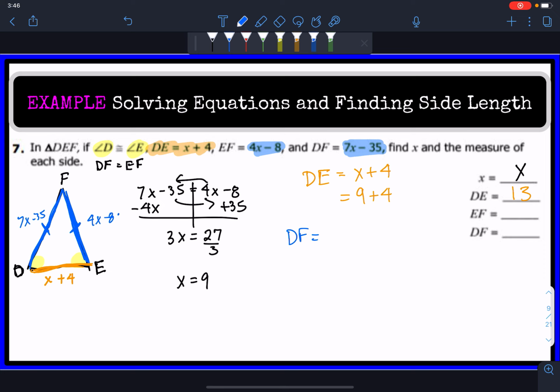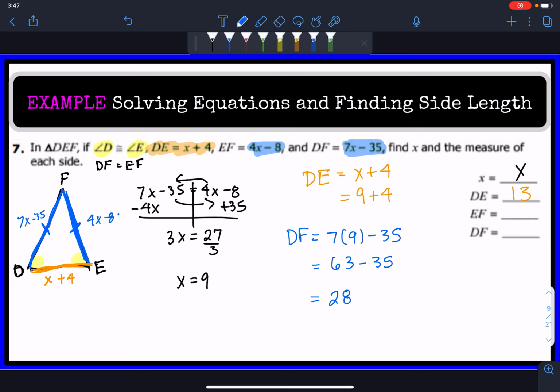From D to F, that would be 7 times the value of 9 minus 35. Well, 7 times 9 is equal to 63, and 63 minus 35 is equal to 28.